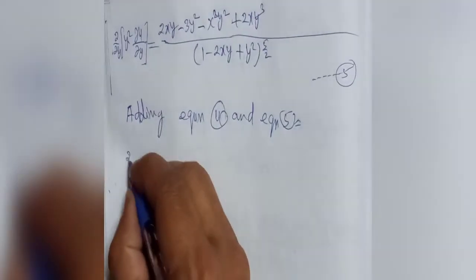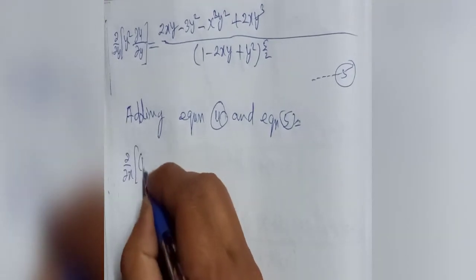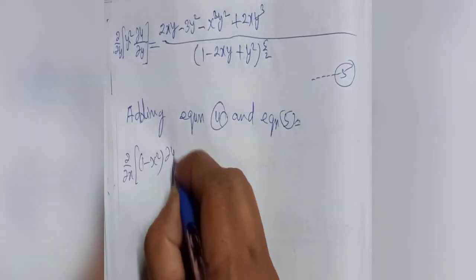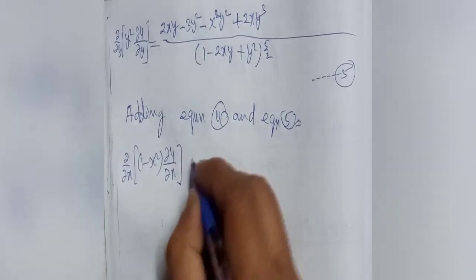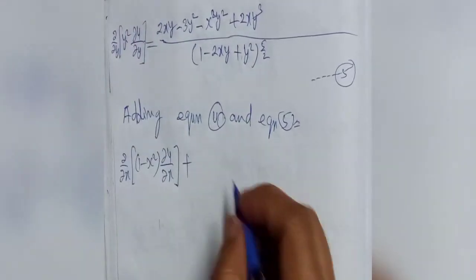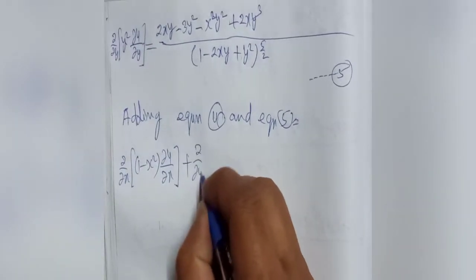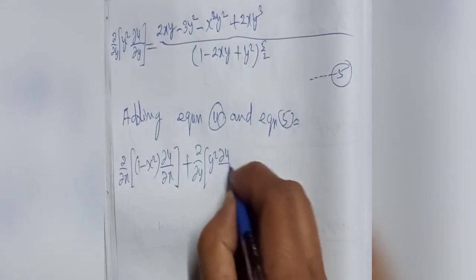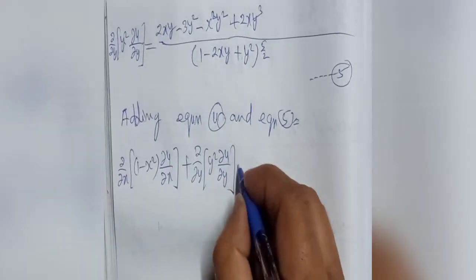del over del x into 1 minus x square del u over del x, and the left hand side in equation number 5, del over del y square del u over del y.